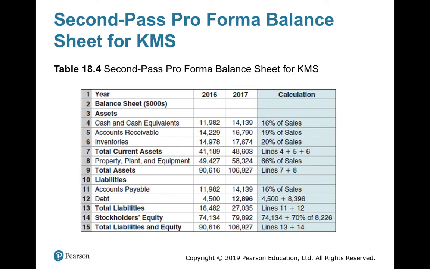Now you see the asset side is equal to the liability and equity side, as per the balance sheet identity. Asset side here is 106,927, and after the new borrowing liability and equity also became 106,927. Now the 2017 forecasting is over. This is the simple sales forecast method.